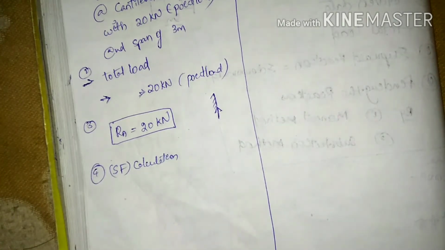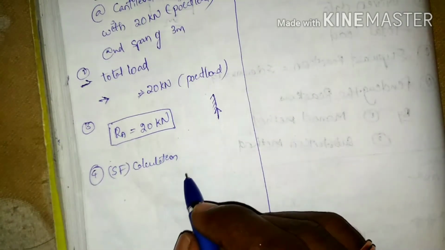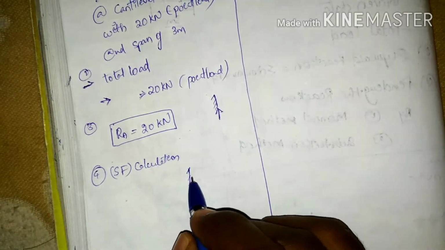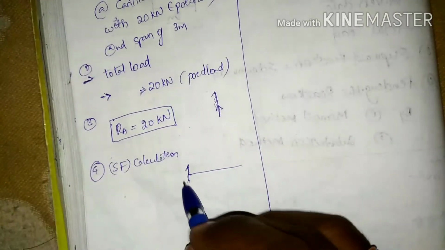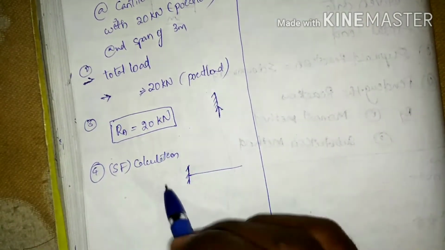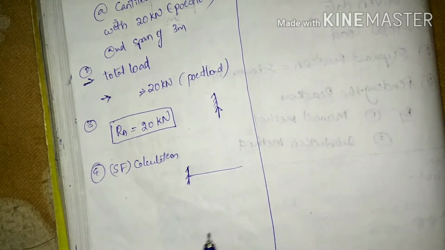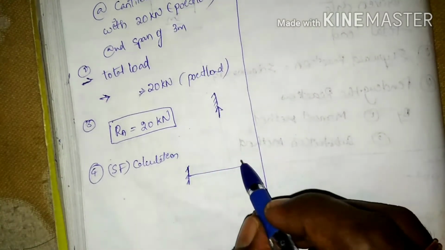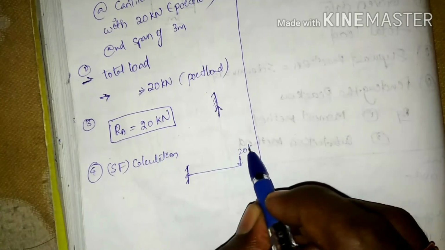Here it is very important, we just have to know what is what. This is a cantilever beam. Here we have a load of 20 kilonewton.